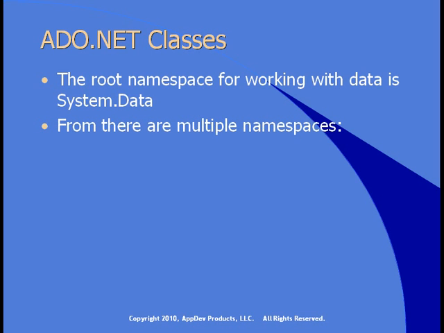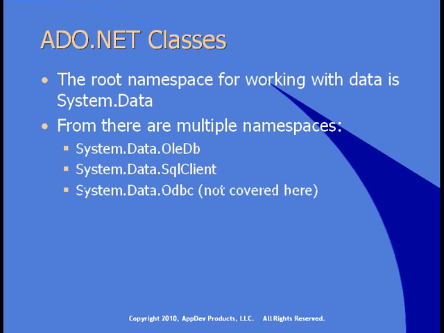Now, within the System.Data namespace, there are multiple database-specific namespaces, such as System.Data.OleDb for working with OLEDB data sources, and System.Data.SqlClient for working with SQL Server databases, and there's System.Data.Odbc, which we won't actually cover here, for working with ODBC data sources, and more to come.